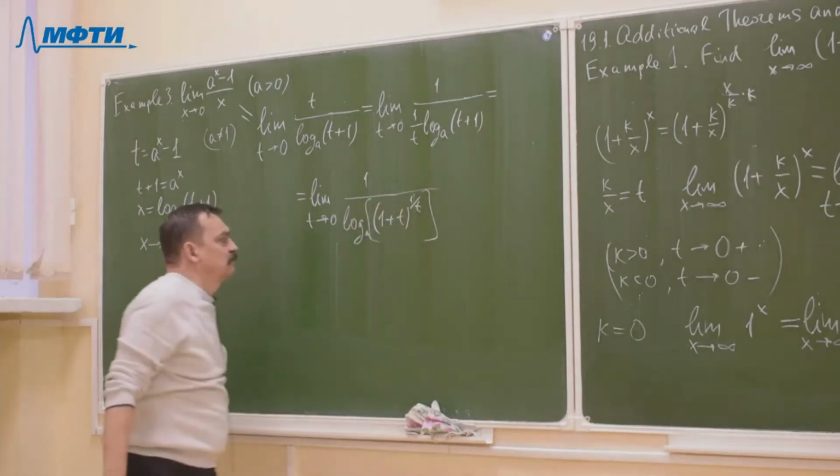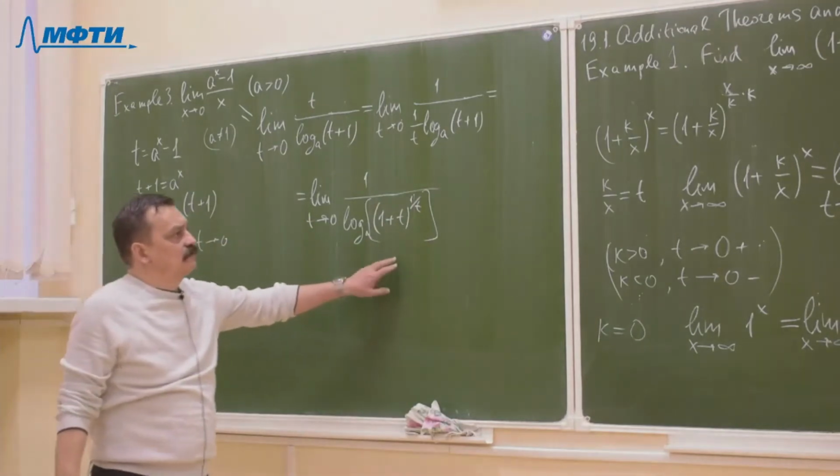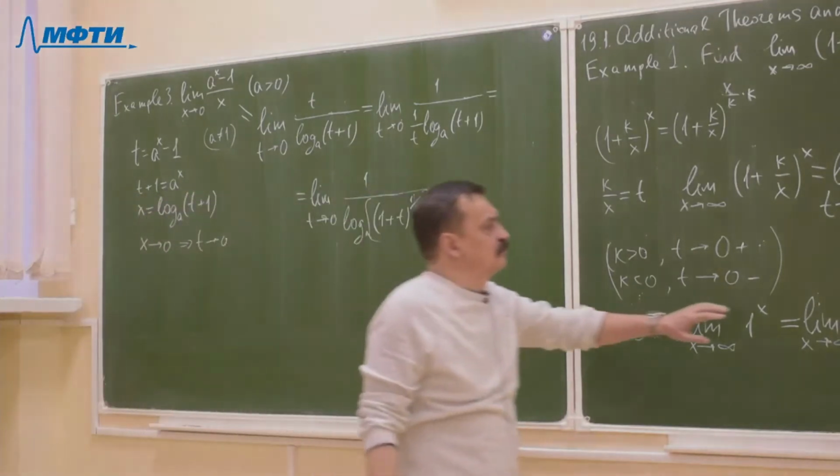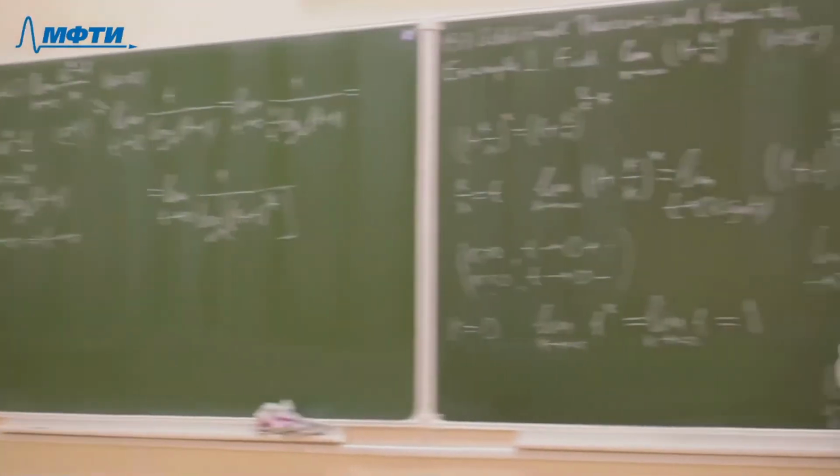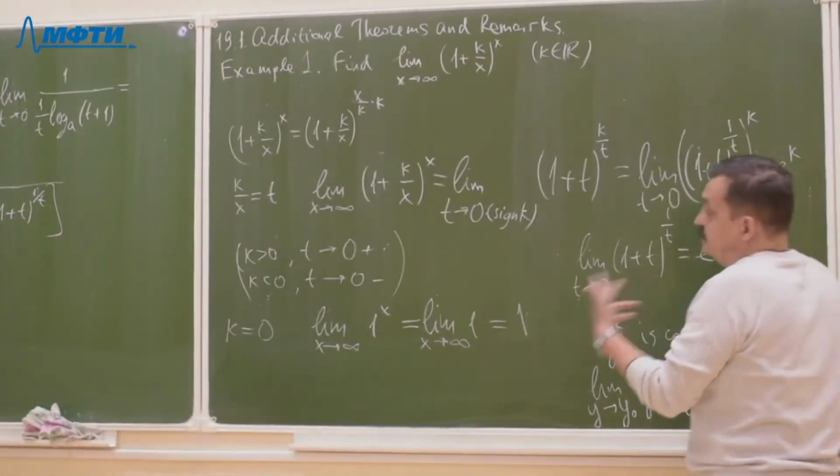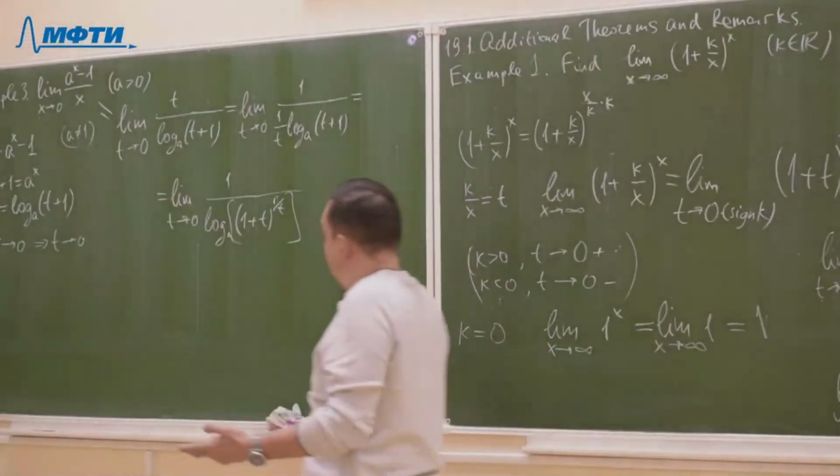Now we know this limit: (1 plus t) to the power 1 over t is e, the second remarkable limit.